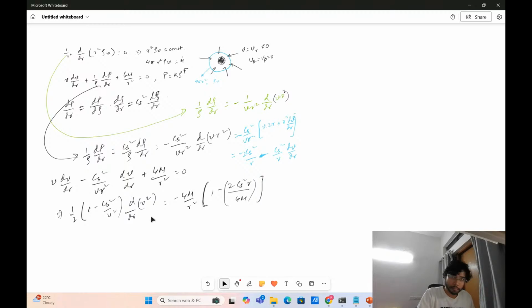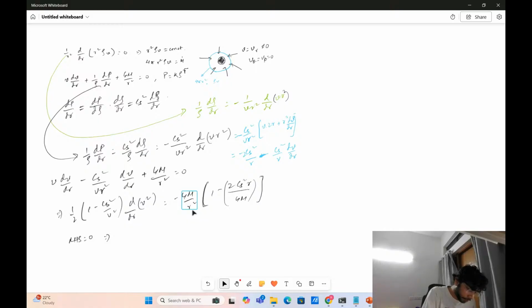Now we will define some terminologies over here. First we'll see when the right hand side will become zero. So RHS equals zero, and we'll call the radius where this right hand side vanishes the critical radius, let's say Rc.